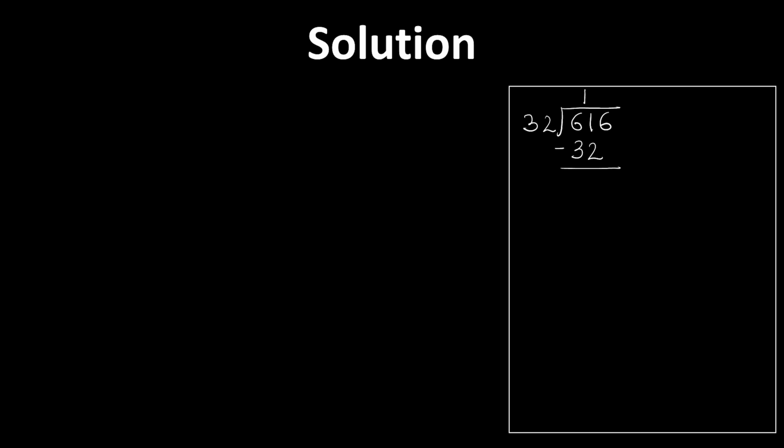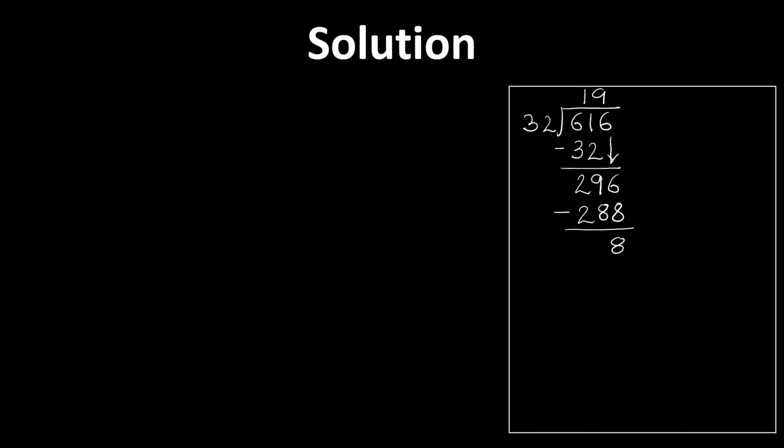Now we are going to bring this 6 down in order to make it 296. So we want a multiple of 32 which is less than or equal to 296. Let's multiply 32 with 9. So we'll get 288. Now on subtraction, we will get a remainder of 8.